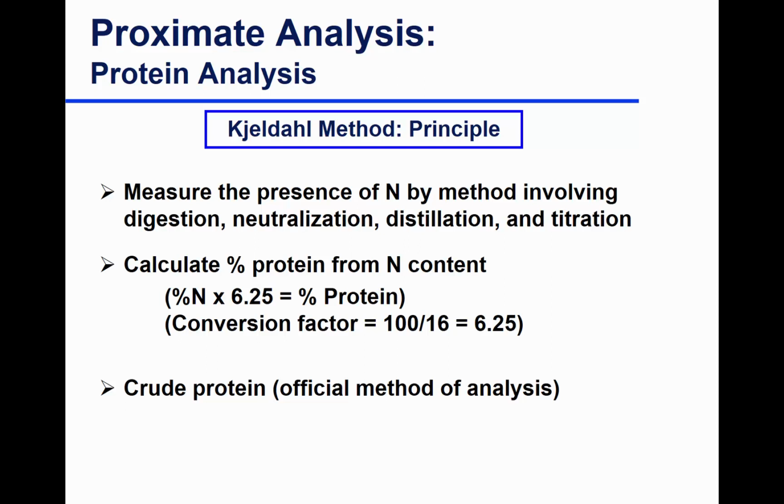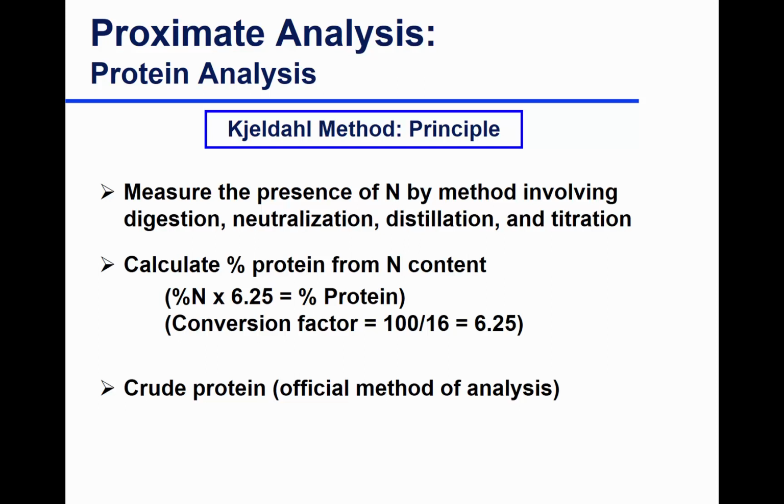It is one step, it's done together, and titration is your third step. So when I ask you, provide me the principle of Kjeldahl, you have to state that there is a digestion with an acid. We'll go over that in detail. And then neutralization with a base, and distillation, and then titration with an acid. And we'll go over those steps in a minute.